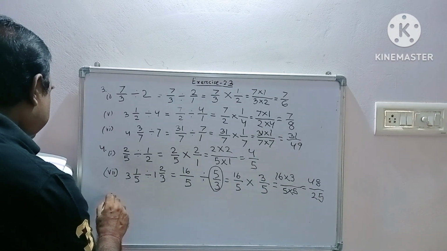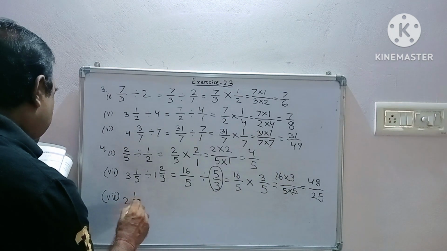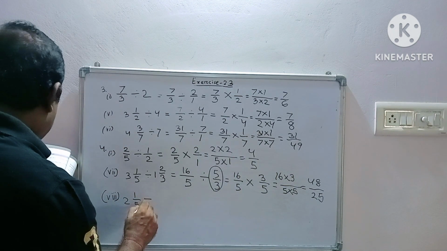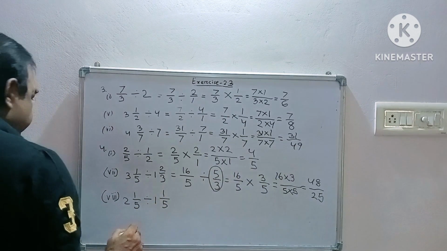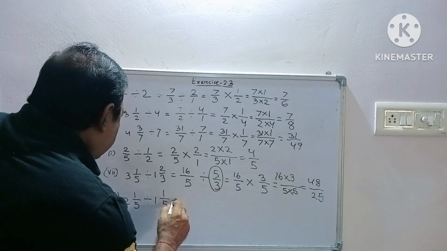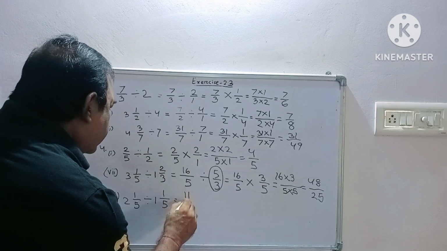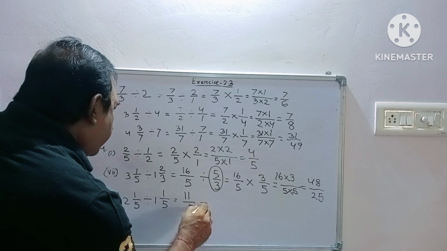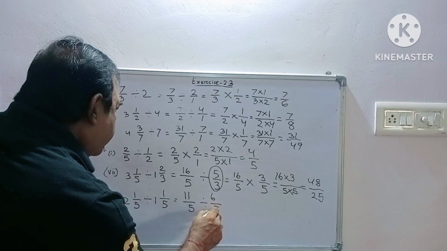So B3. 2 whole number and 1 upon 5 divided by 1 whole number and 1 upon 5. That is equal to, you see, 2 5s are 10, 10 plus 1, that is 11 upon 5 divided by 1 5 is 5 plus 1, 6 upon 5.